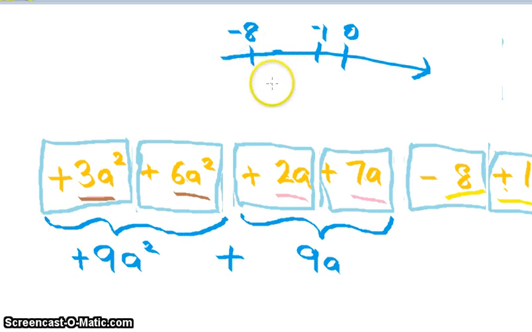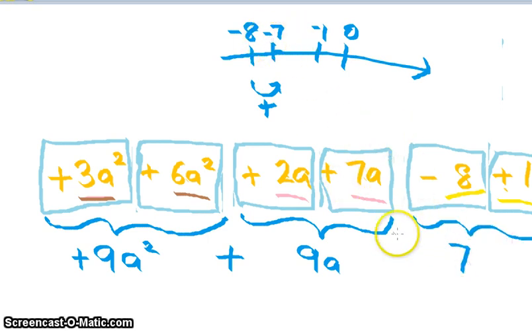When negative 8 plus 1, do we move to the left? No, we move to the right because of the addition, positive. According to the number line, it becomes negative 7. So we put a negative sign here as well.